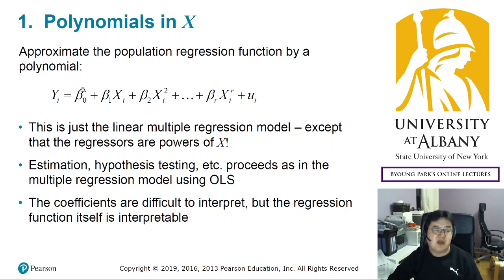So if you include beta 0, beta 1x, that is linear function, but you include squared and cubic, like you can include more. It's up to you how many terms you include, but usually it does not go more than fourth.